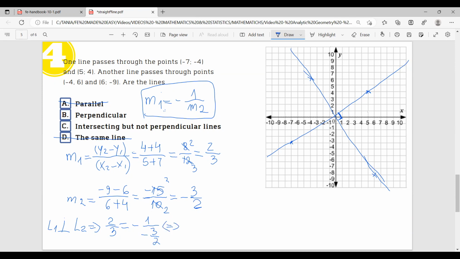And this means that 2/3 is equal to -1 multiplied by, in our case, minus 2/3.